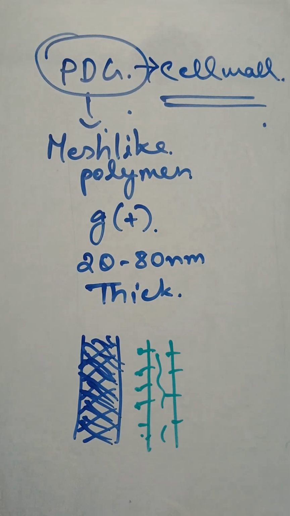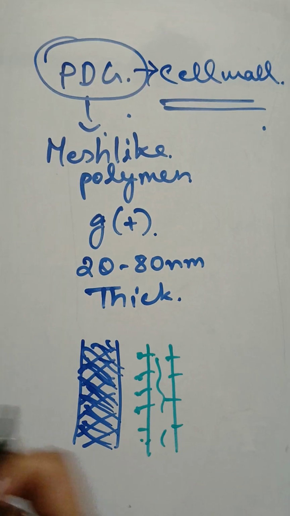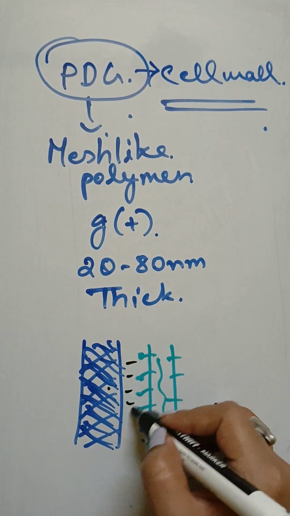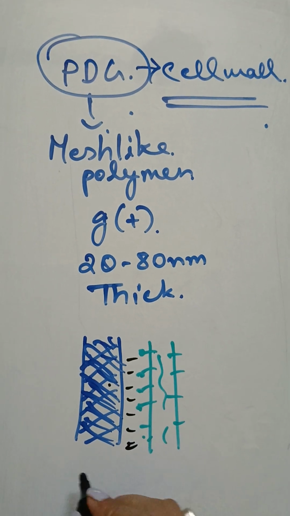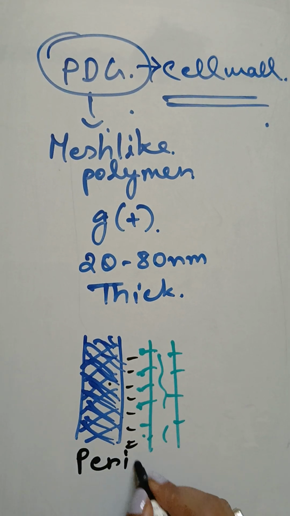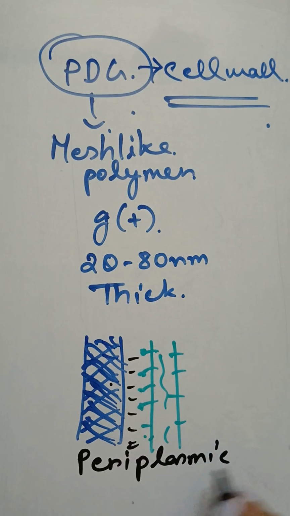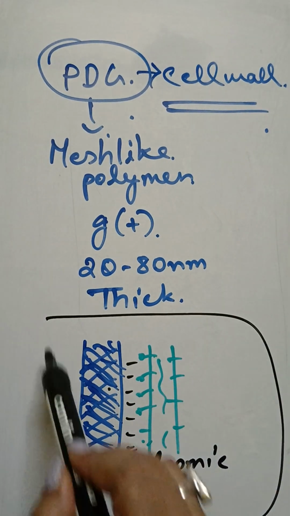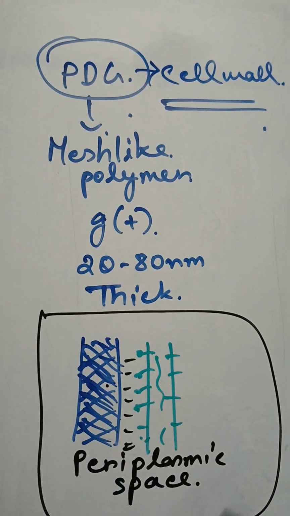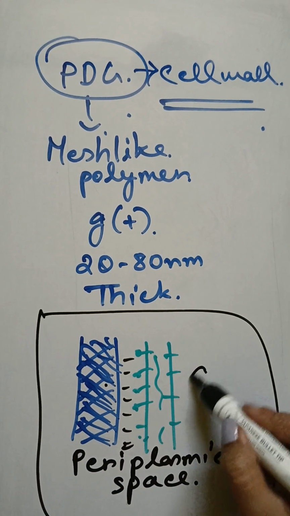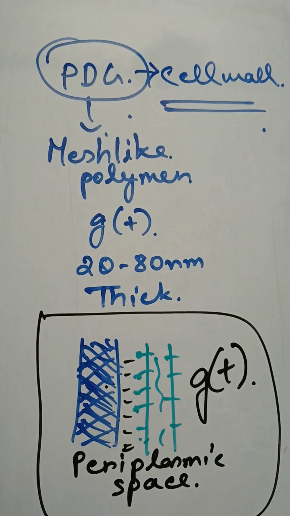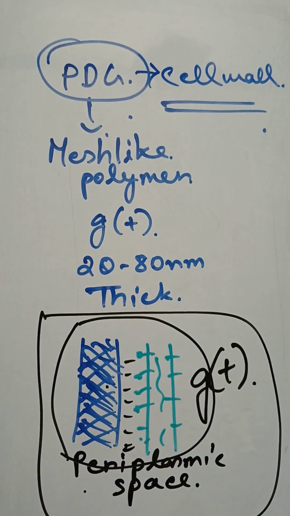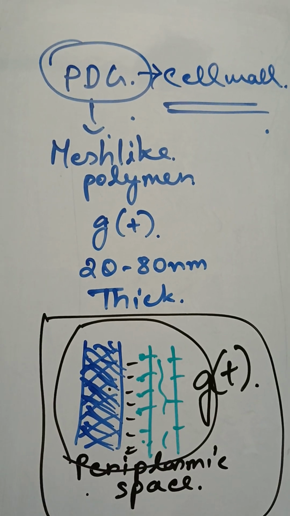And in between the PDG layer and the plasma membrane, this space is known as periplasmic space. So this is the whole cell wall and plasma membrane structure of gram-positive bacteria, in which there is no other layer present, and this is the complete structure of the cell envelope in gram-positive bacteria.